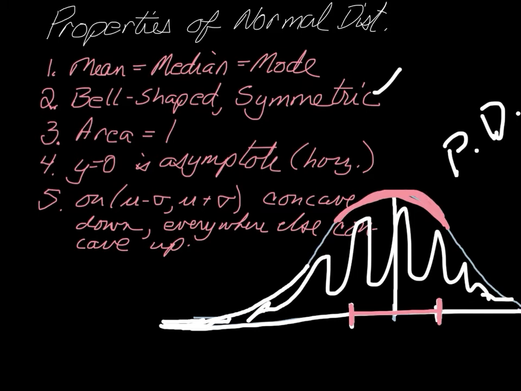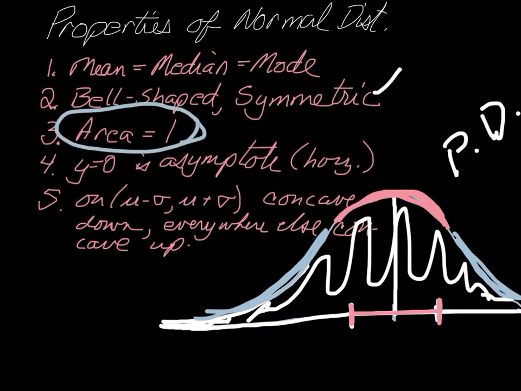But everywhere else, the graph is curved up, has an upward curve to it, and that's called concave up. And those are the shapes of a normal distribution. Now, the most important thing for what we're going to be doing is using this fact that the area is equal to 1. Okay, next slide.